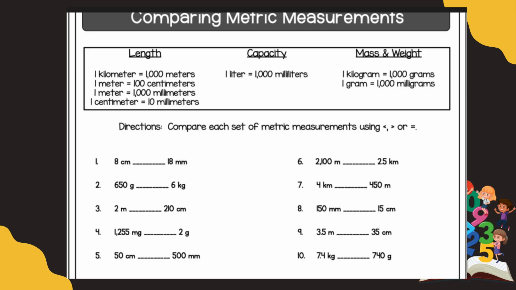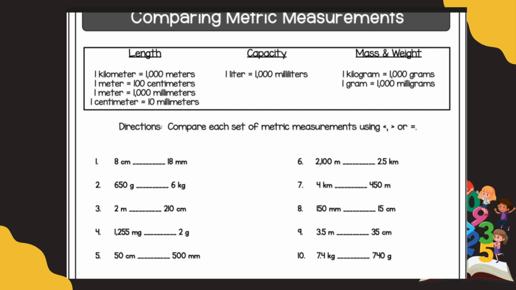So in order to change 18 millimeters to centimeters, or 8 centimeters to millimeters, which is probably easier, you want to multiply 8 times 10 to get 80 millimeters, and then you will be able to compare 80 millimeters versus 18 millimeters. And you can clearly see that 80 millimeters is greater than 18 millimeters.